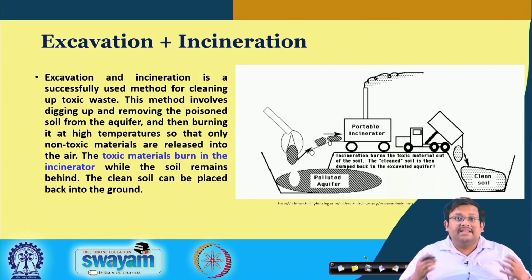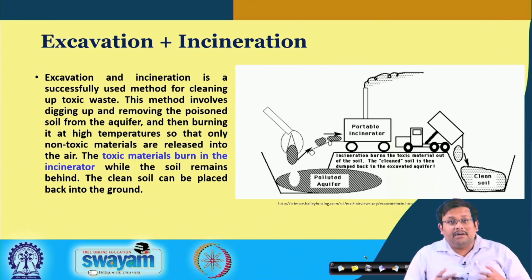This method involves digging up and removing the poisoned soil from the aquifer and then burning it at high temperature, so that only non-toxic materials are released into the air. The toxic material burns in the incinerator while the soil remains behind, and then the clean soil can be placed back into the ground. So, this is the total process, and this picture basically shows this process.